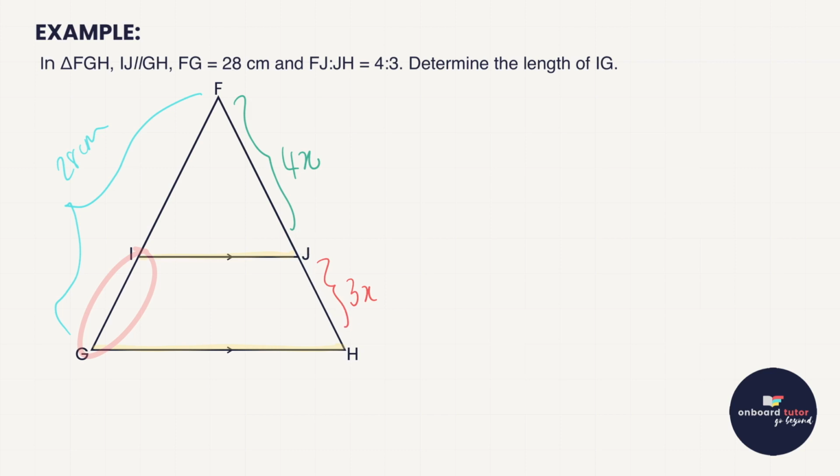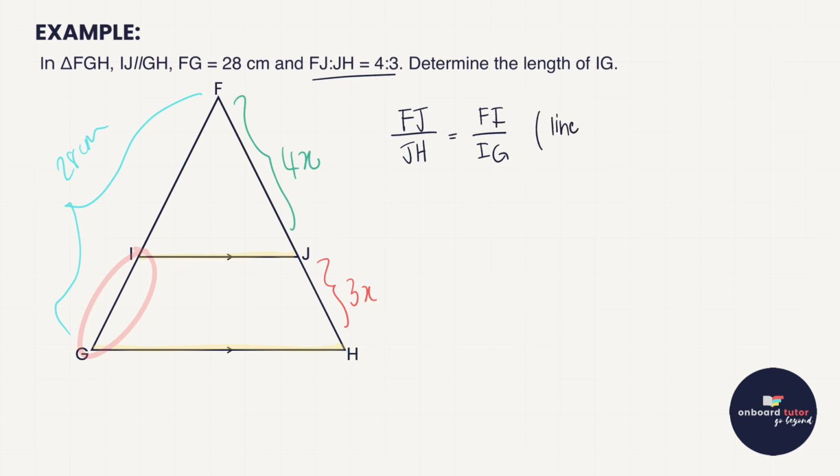We can write it like this, or we can write it as a fraction. So I'm going to do that. FJ over JH is equal to FI over IG. And the reason there is one of two things.